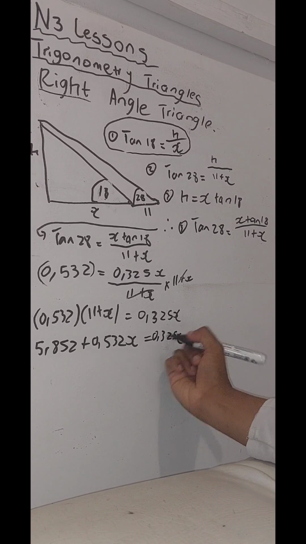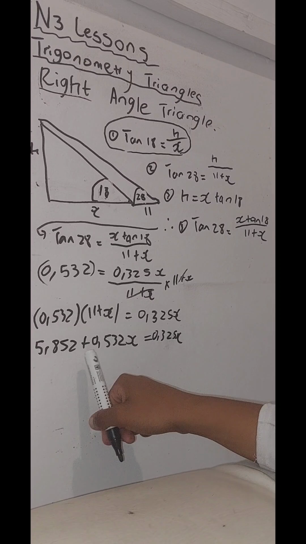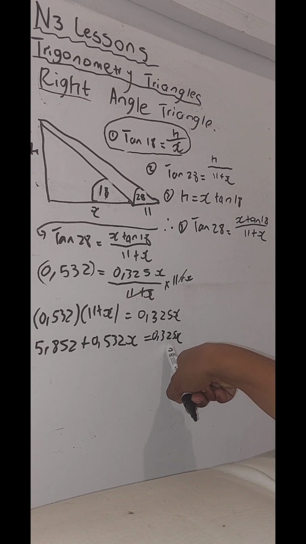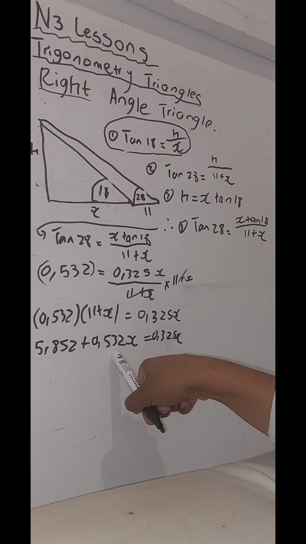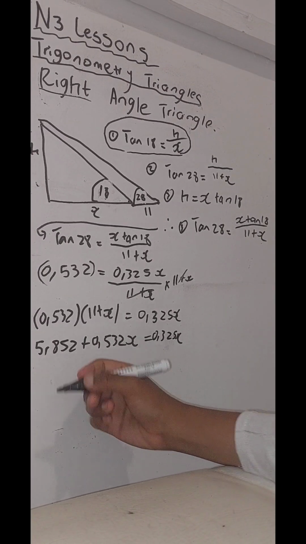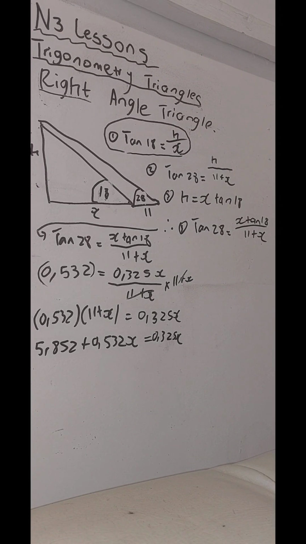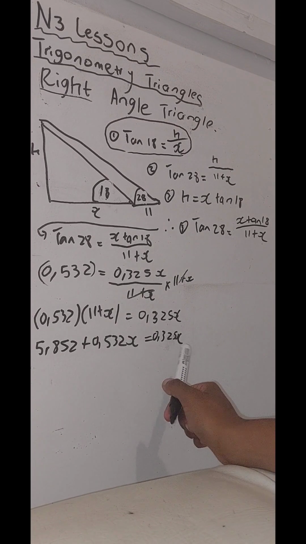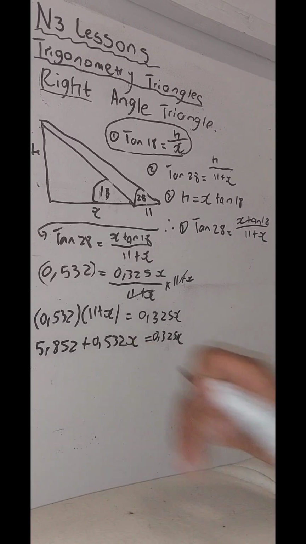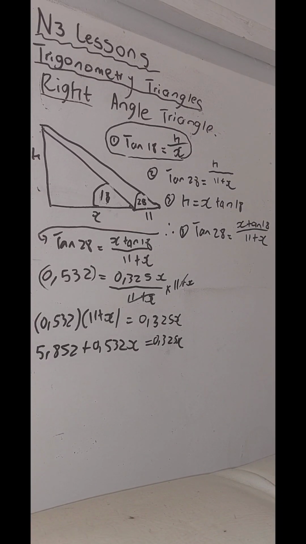Right, so like terms, guys, we're going to take this on this side. Let's take this on this side. So let's add these two. So 0.532 plus 0.325, taking this to this side and this to that side.